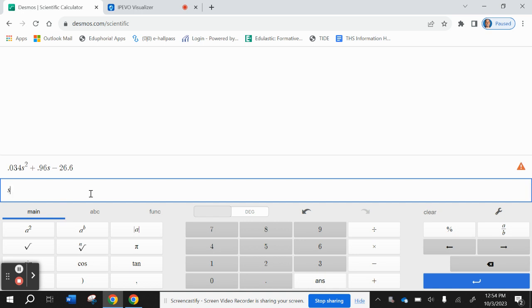I'm going to go ahead and do s equals 25. And ta-da, there's your first number. Okay, now all I have to do is change the number to 30, and then change that to 45.